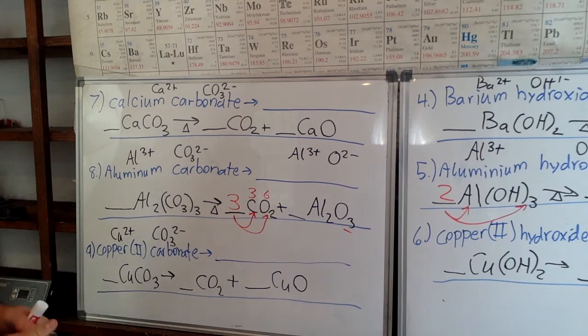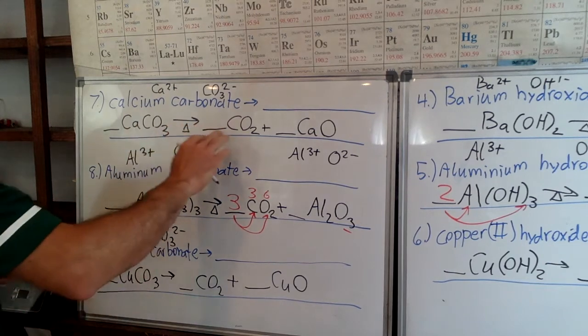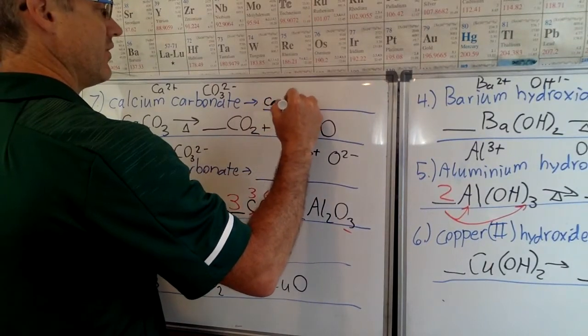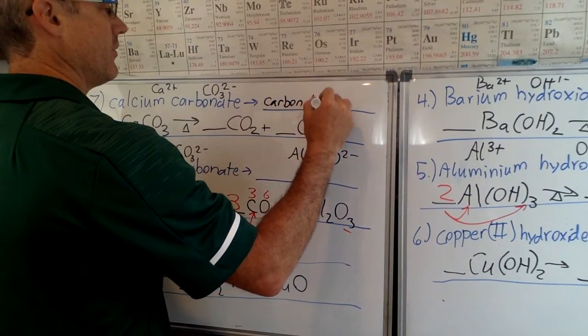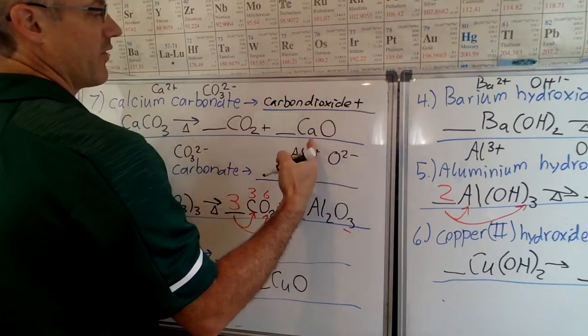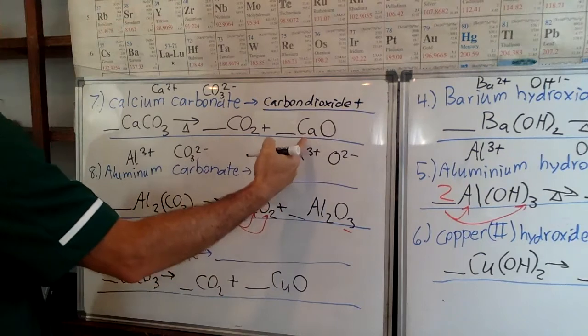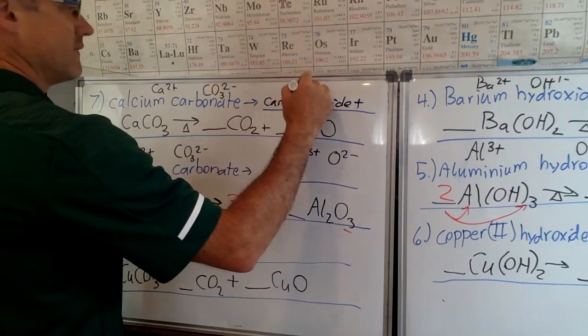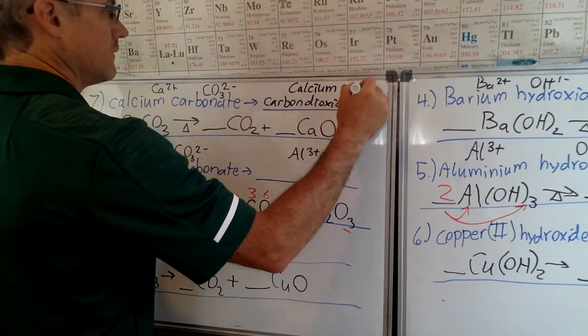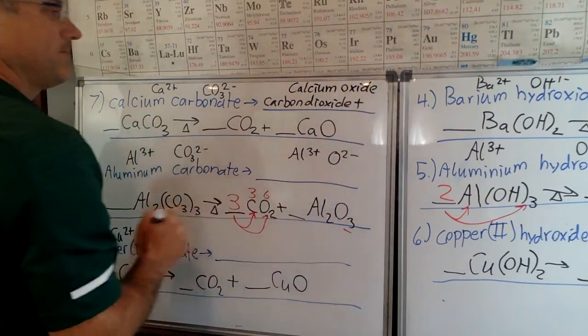All right, we need to name these. So in number 7, we have carbon dioxide. Well, in all these, we have carbon dioxide. And we also have, in this example, calcium oxide. Okay.